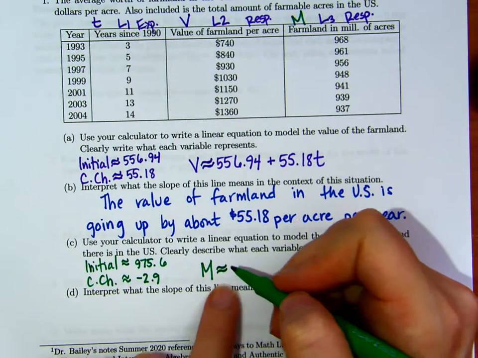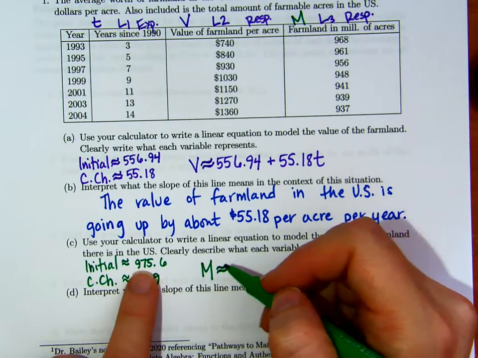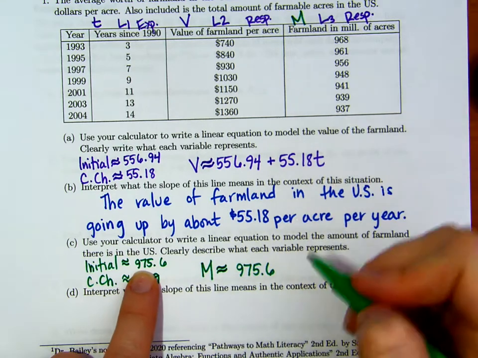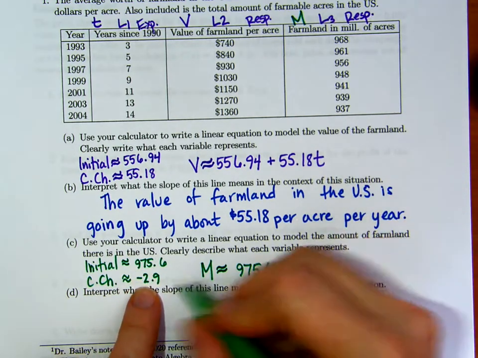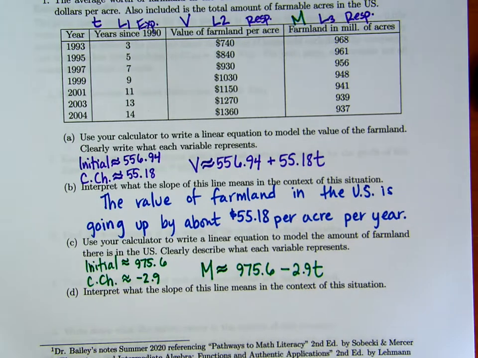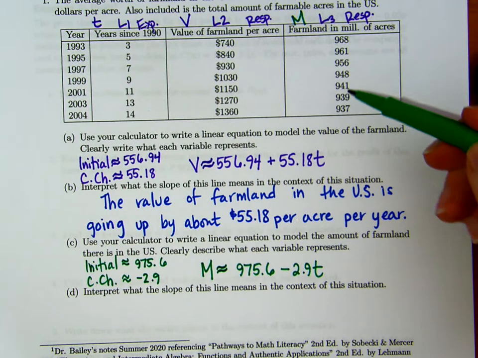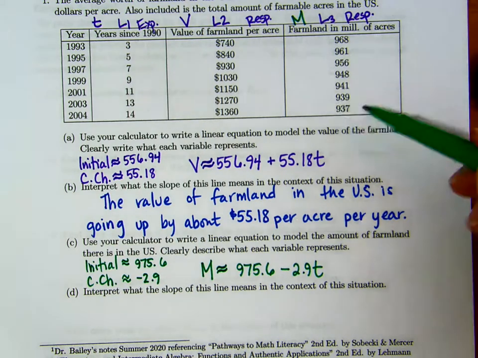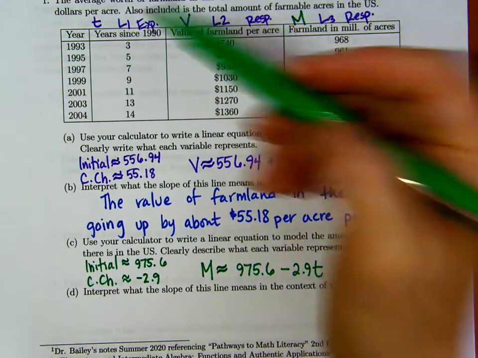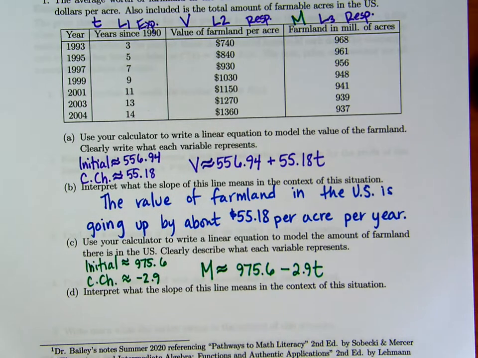So this is a good estimate, but not perfect. The initial amount is 975.6 millions of acres, and then the constant change, so minus 2.9 for each year, t times. I see, it's going down a bit. Yes, we have less and less farmland in the United States since 1990.